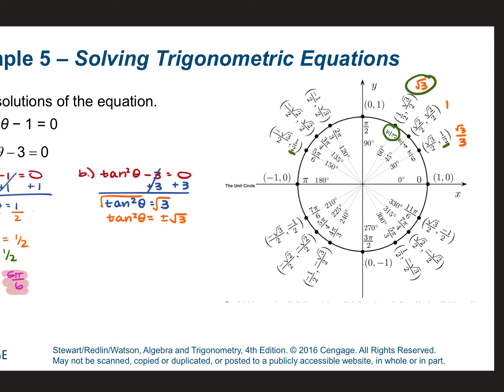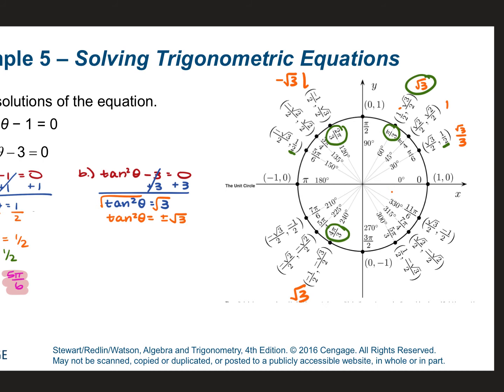Your other square root 3's within this unit circle, you're going to look for the same ordered pair with opposite signs. So 1/2, square root 3 over 2 is what you want to look at. That negative 1/2, square root 3 over 2 for 2 pi over 3 is going to give us that negative square root 3, so we will use that 2 pi over 3. Then the negative 1/2, negative square root 3 over 2 gives us the square root of 3 when we divide them, so we'll use the 4 pi over 3.